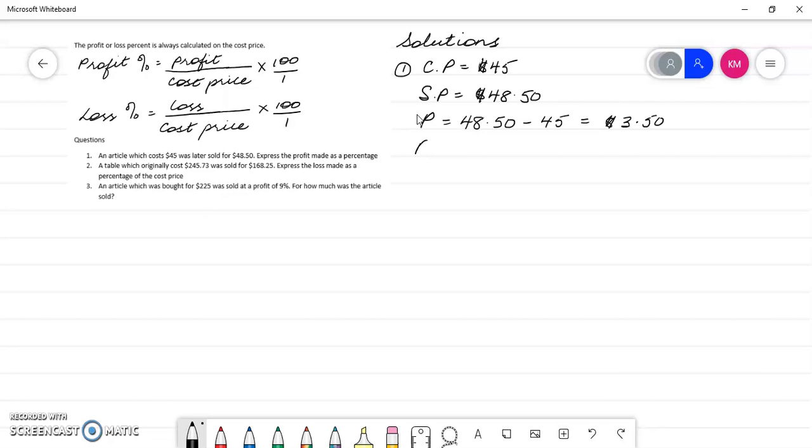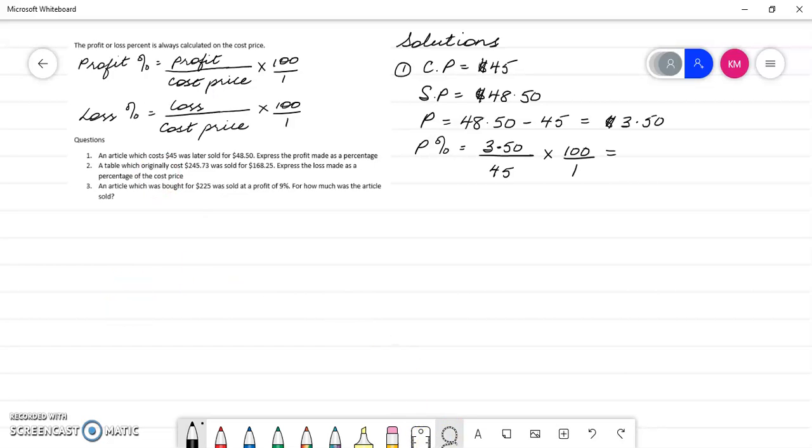Now that is just my profit. I want to calculate profit percent, so I'm going to write P percent to denote profit percent, and in the formula I gave you here, you are seeing that profit percent is equal to profit over cost price multiplied by 100 over 1. So let's do that. Profit, which is $3.50, divided by our cost price, which is $45, multiplied by 100 over 1.